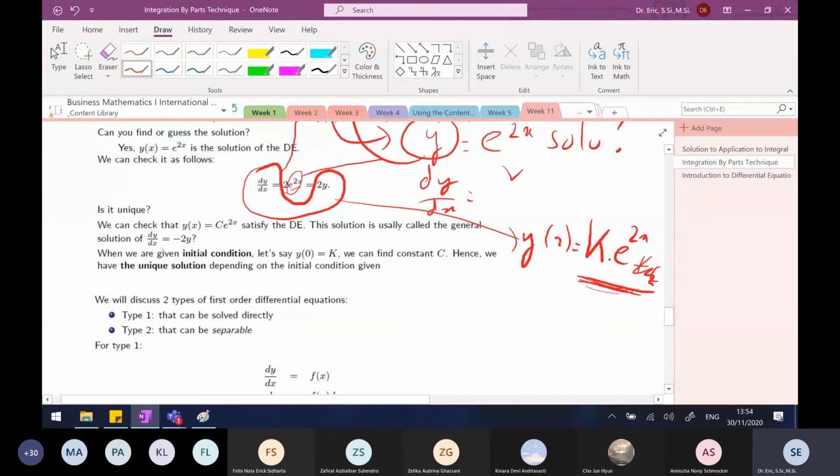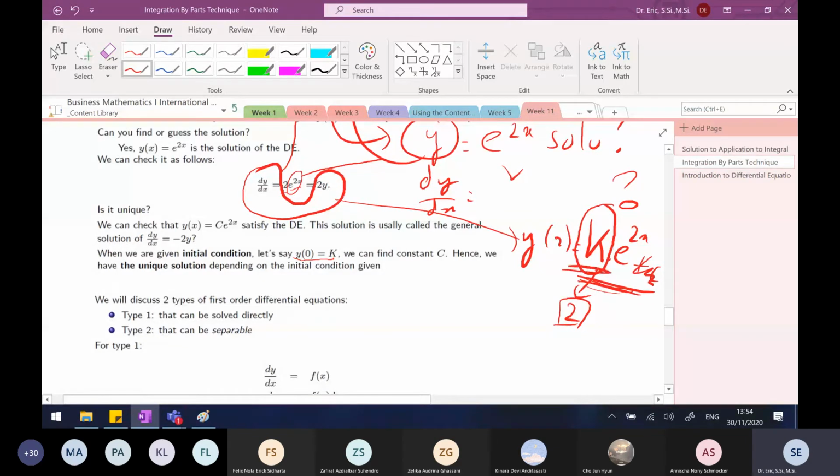If you are given an initial condition y(0) equals k, we want to find the particular solution. How do I find the particular solution? I have to substitute what is k. If k is just one number, maybe 2, we usually name this a particular solution.